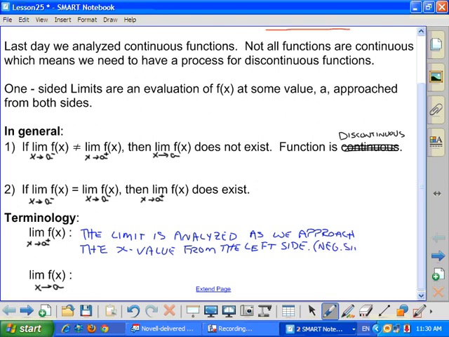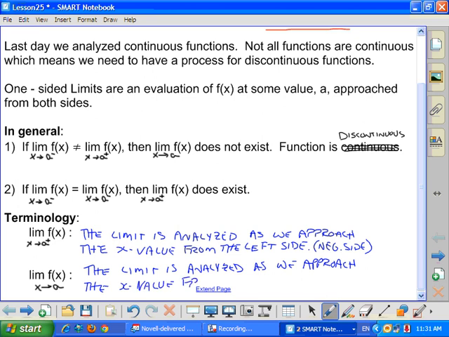All right. And then the limit for the other one is analyzed as we approach the x value from the right side, or the positive side.